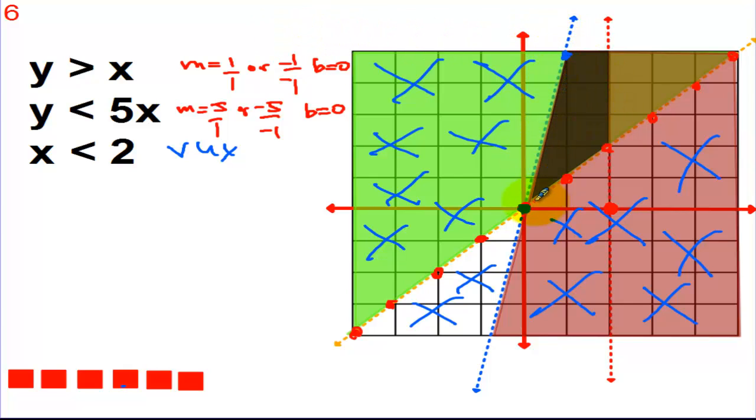Same thing here, all points here will not be a solution because this line is a dotted line. Similarly, all the points on this boundary line will not be a solution because we have a dotted line. So it means that the point, in order to be a solution, should be on this shaded area. Okay, that's our problem number 6.